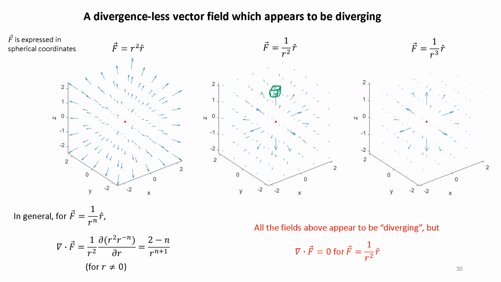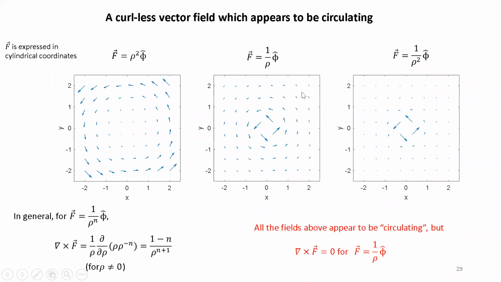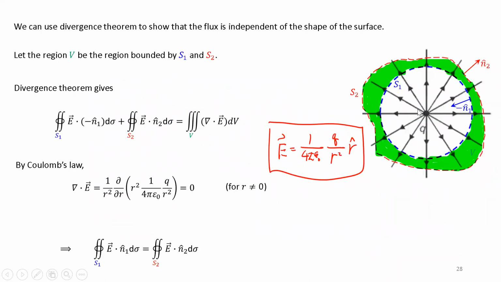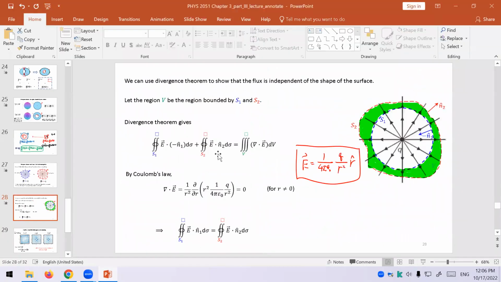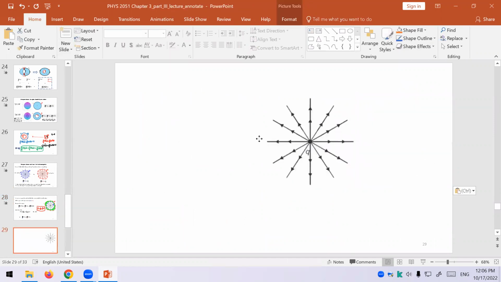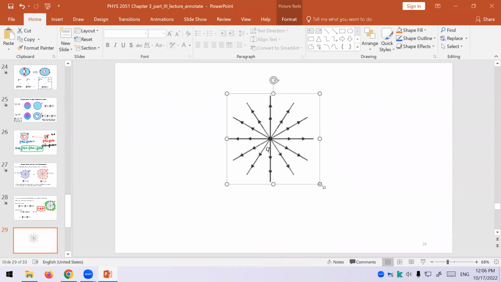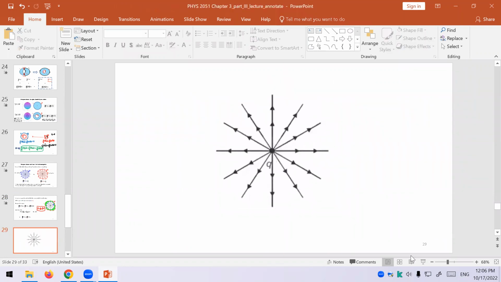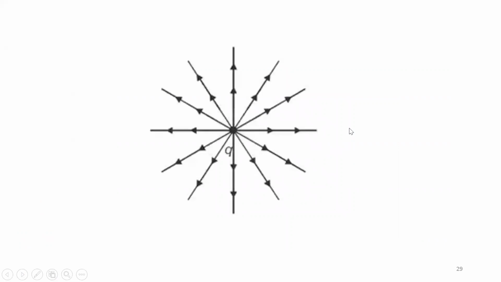So let me borrow this picture here. This is the 1 over r squared field.